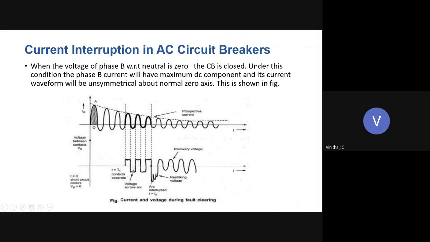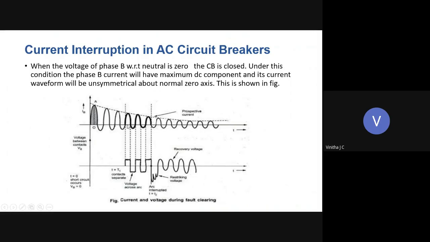During this condition, the voltage across the circuit breaker starts to develop. At the same time, the nature of the arc current is resistive, so the voltage as well as the current will both be in phase.